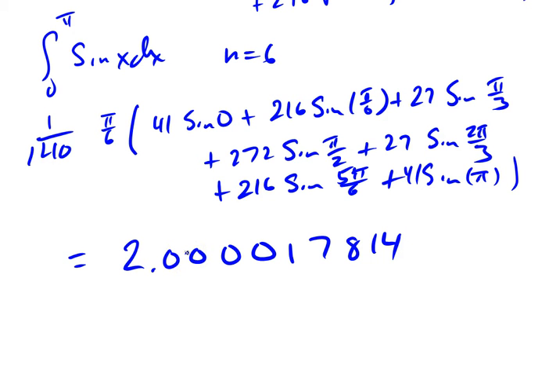Your calculator is actually doing something similar to this. When you use the numerical approximation button on your calculator, it's not exactly this, but it's related in that it's taking certain points in your interval, evaluating the function, multiplying them by certain coefficients, and then dividing by something out in front.